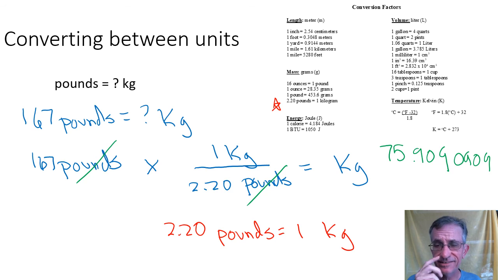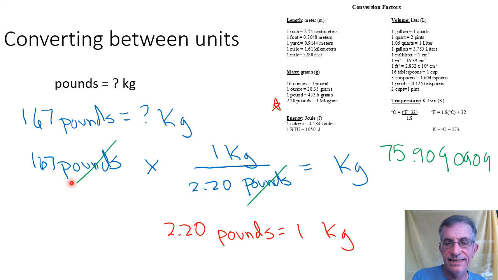You have to round it to sig figs, and that's where you come in. So how would we round that correctly? Remember, conversion factors are exact numbers. Don't think about them when deciding how to round your answer. The way you decide how to round is based on the original number.